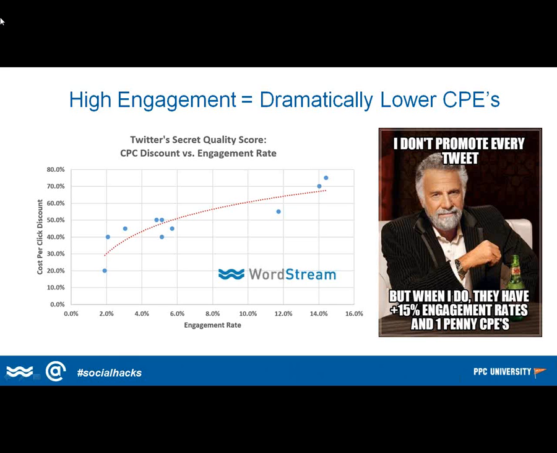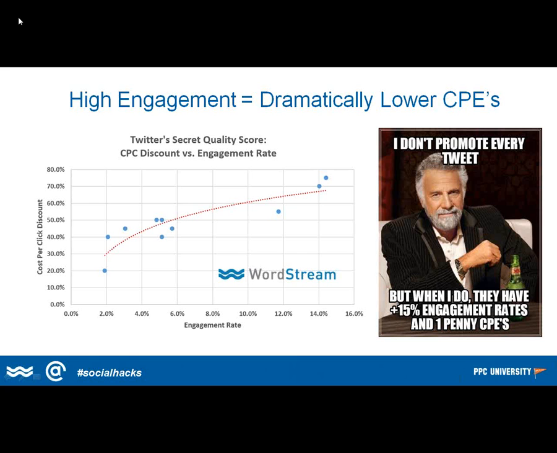It's just an algorithm of how their ad system works. It's not an extensive survey, but just looking at a dozen or so data points, you can see there's a correlation between the engagement rate and the discount off of what you actually bid. Say you bid $2 versus what you actually pay. You end up paying 5 cents or 2 cents.